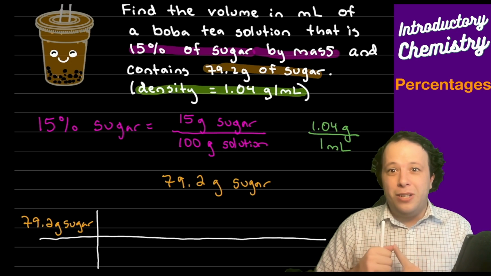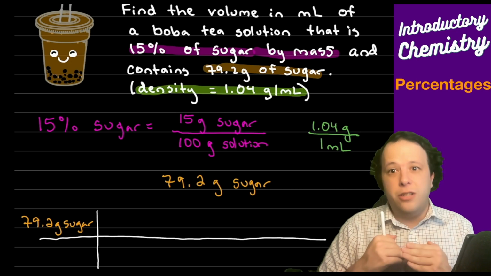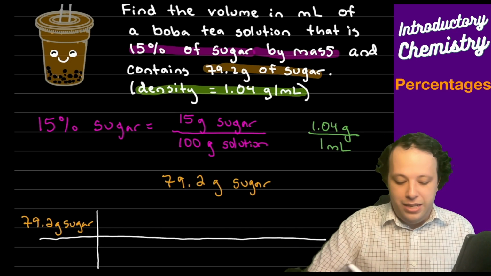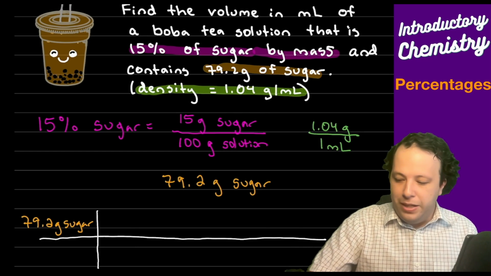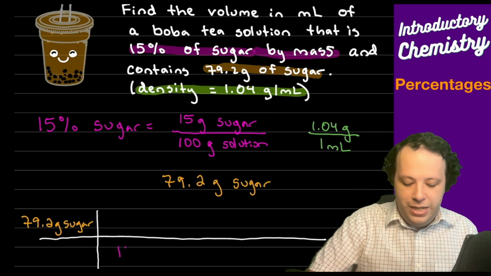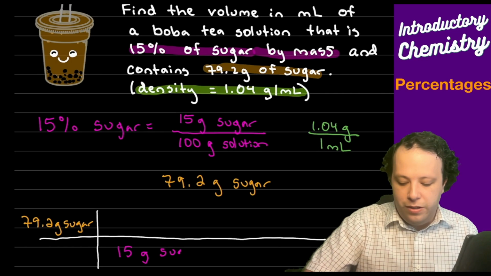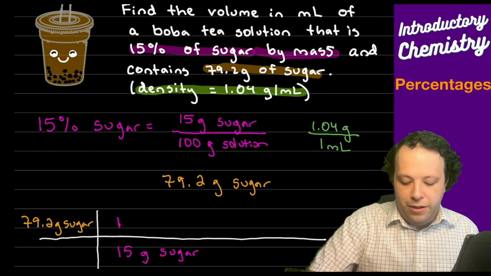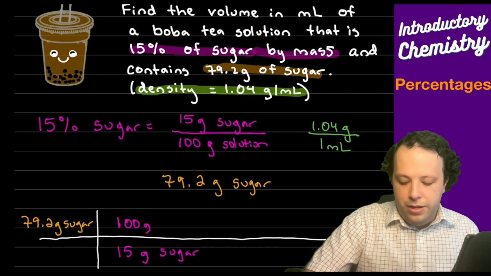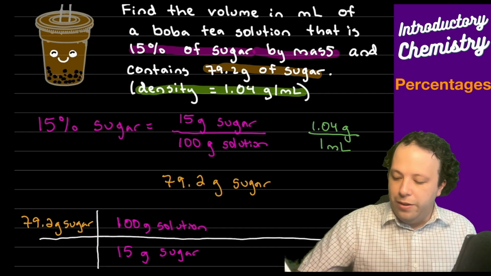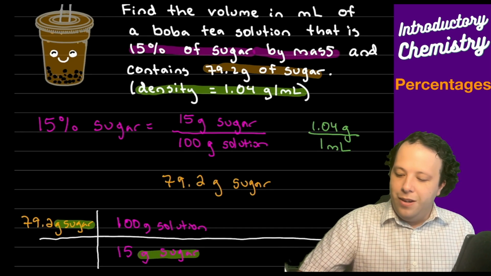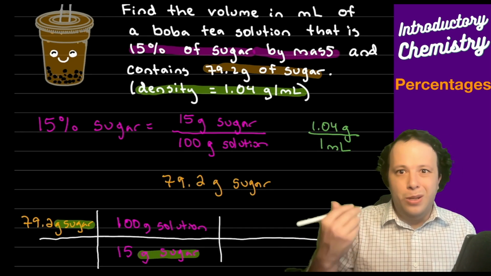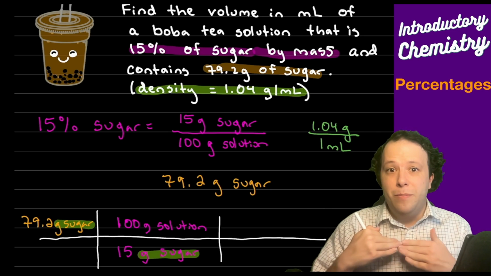It'll help us lead our unit cancellation, grams of sugar. We can use our percent to help us do that, right? You can see grams of sugar in that percent. So if I put the percent portion with my 15 grams of sugar on the bottom and 100 grams of our solution on top, notice how the grams of sugar will now officially cancel out. Our next portion is to use the density to convert to milliliters.